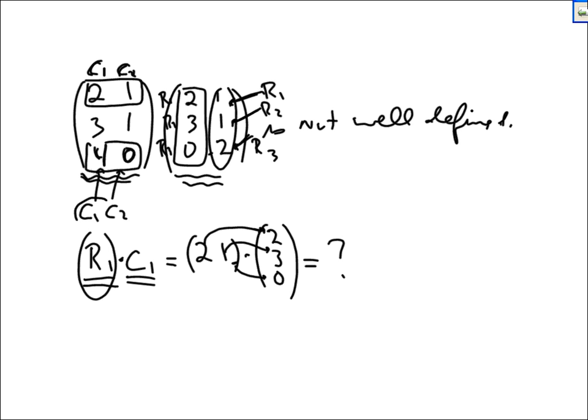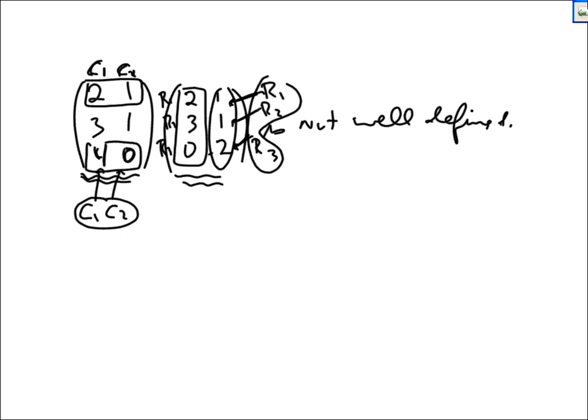The number of columns in the left matrix must equal the number of rows in the right-hand matrix.